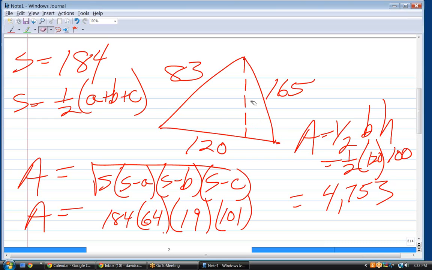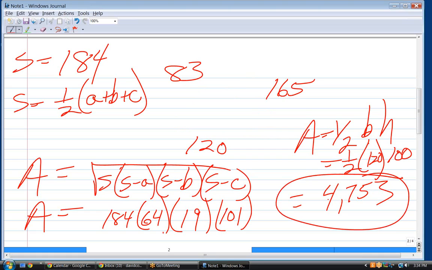I know this vertical line is probably less than 83. It looks to me like maybe 60. And so I can approximate the order of magnitude of the area of this triangle, and it agrees with my answer. So I would say yes, I would be willing to turn that in on a test as the answer to this.